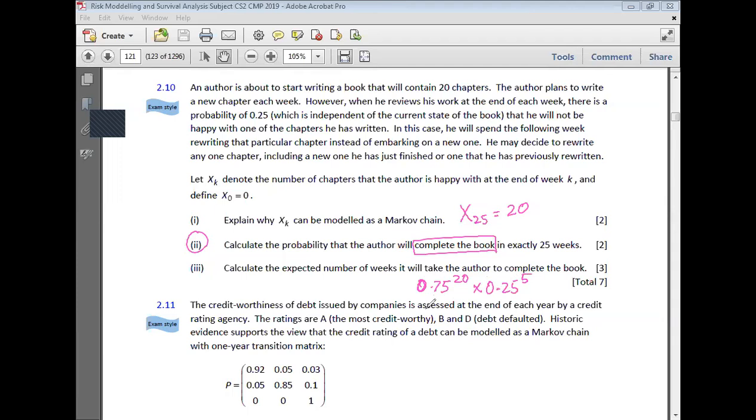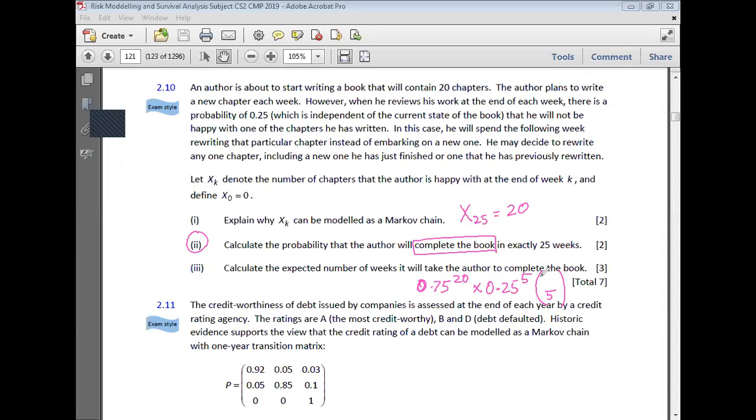Does everyone agree with this? So this is partially correct, I would say. But again, these 5 chapters that he's not happy with could be any chapters, right? And this could happen in any of the weeks. So there will be different sample paths, and you will have to account for the number of ways you could have chosen 5 chapters which you will rewrite out of how many chapters.